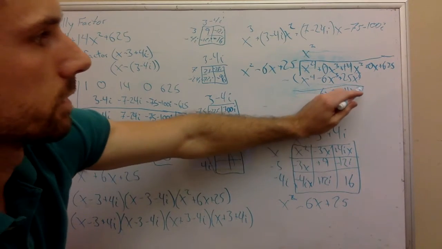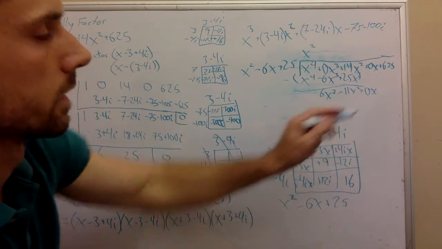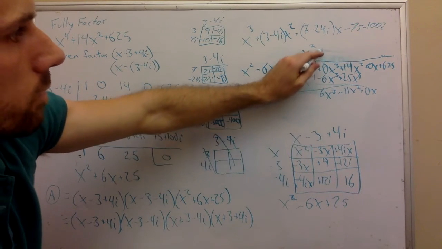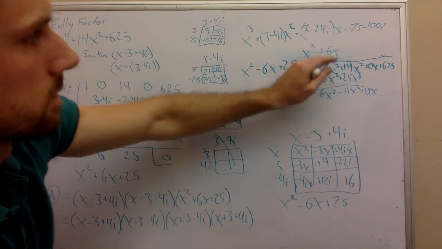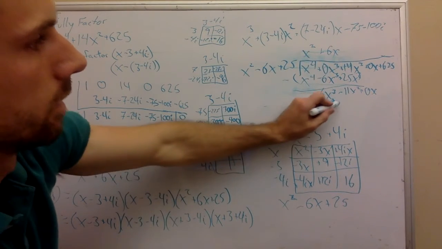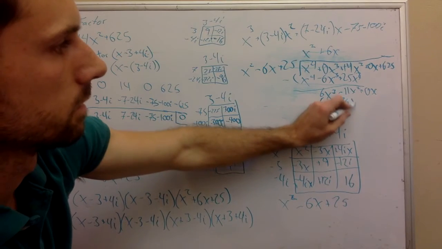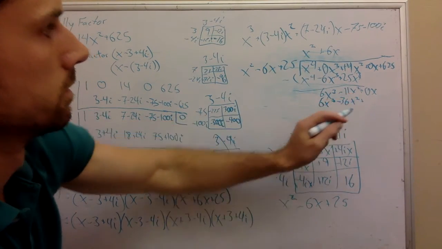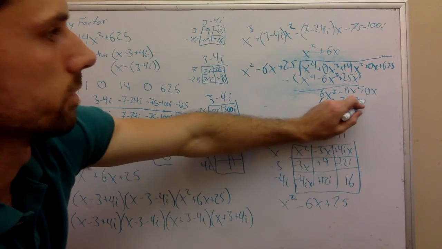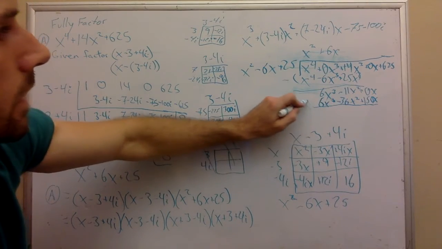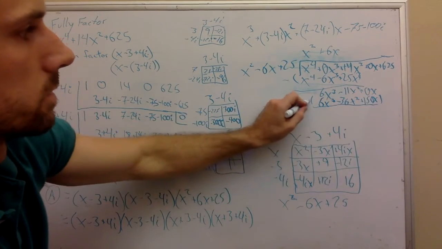And I have 3 terms, so I need to drop my next one. I need to get to 6x cubed, so plus 6x, so I get 6x cubed minus 36x squared, and then it makes 150 plus 150x. Go ahead and subtract.